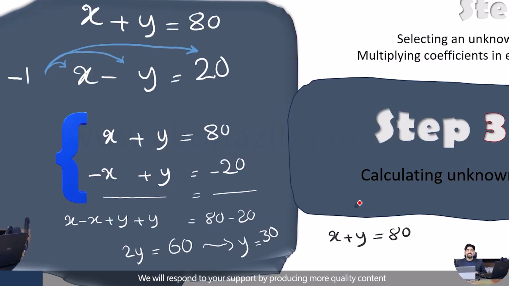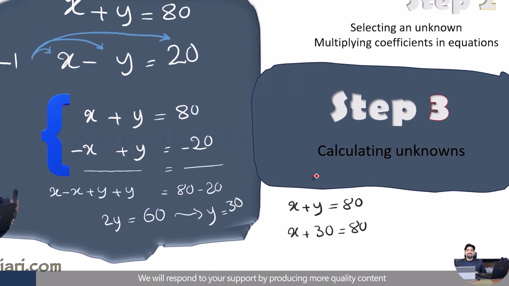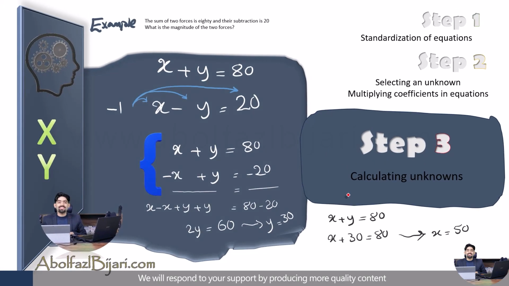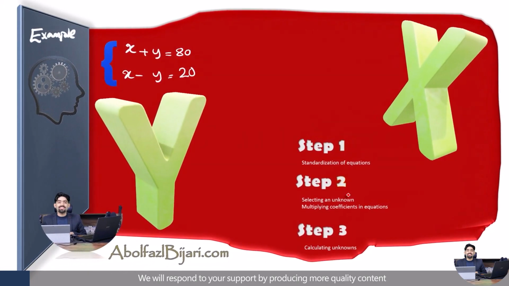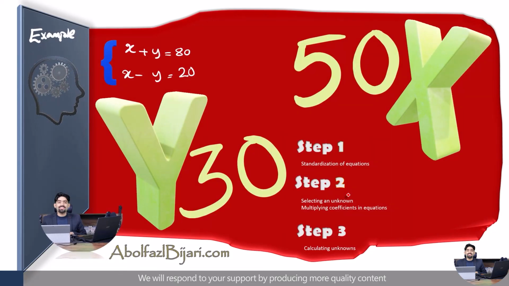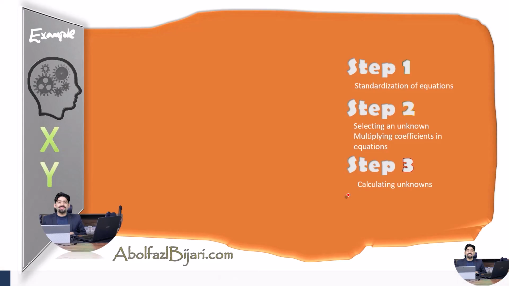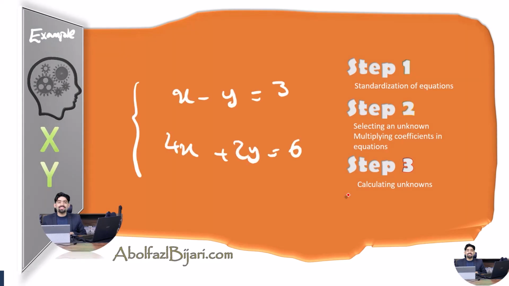I put 30 instead of y, and x is easily obtained as 50. Well, the values of x and y were obtained: 50 and 30. And now you can solve the following equations, that is, calculate x and y, and please send it to us.